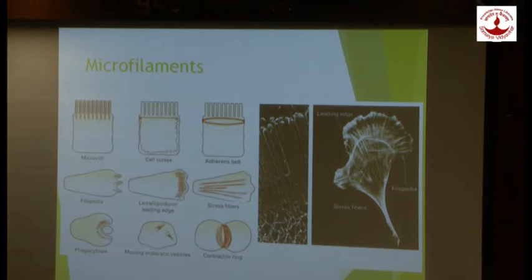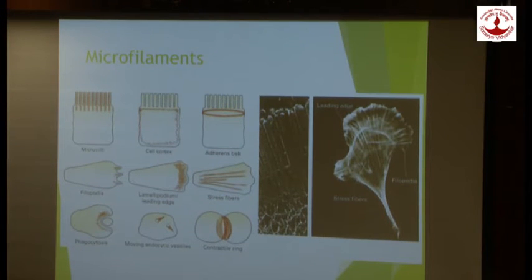These three are very important for maintaining the overall structure while it is motile. Filopodia are just small extensions, projections helping in direction. Lamellipodia help the overall cell to form a flat-like structure, and stress fibers are contractile actin filaments.